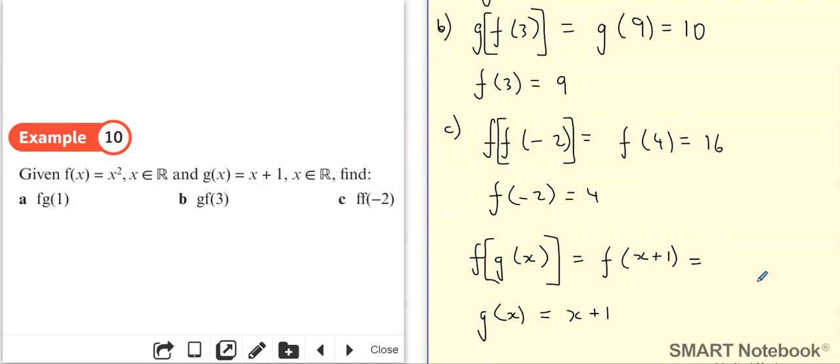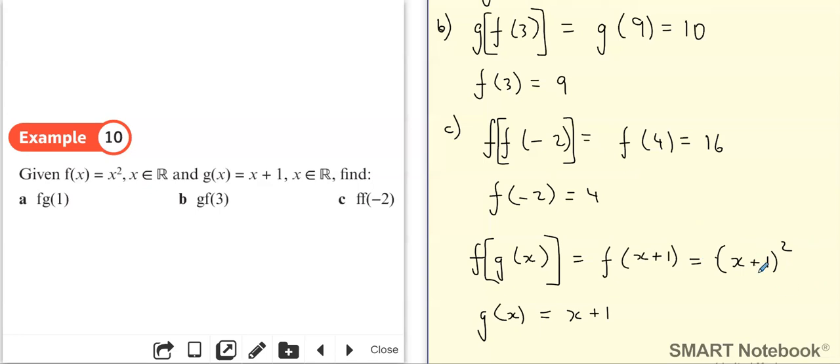What is f of x plus 1, please? Well, if your input is squared for f, then this is going to be x plus 1 squared.